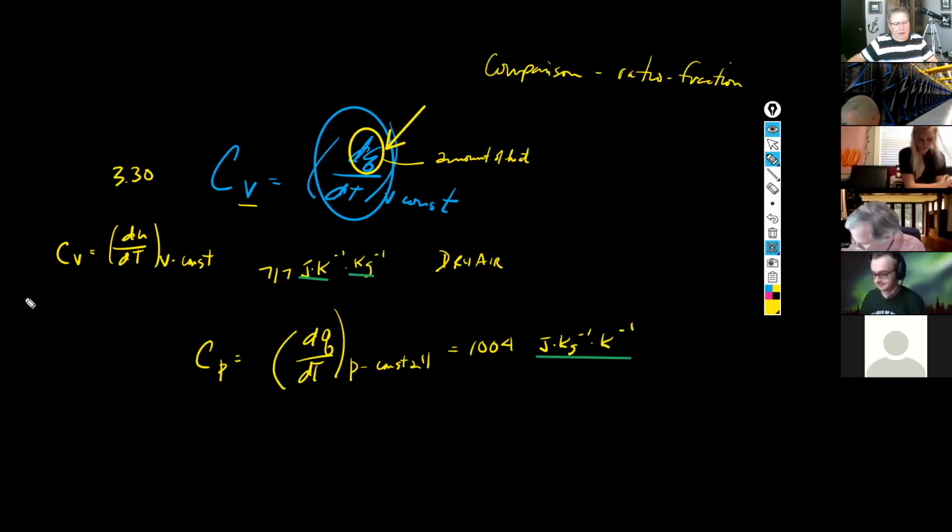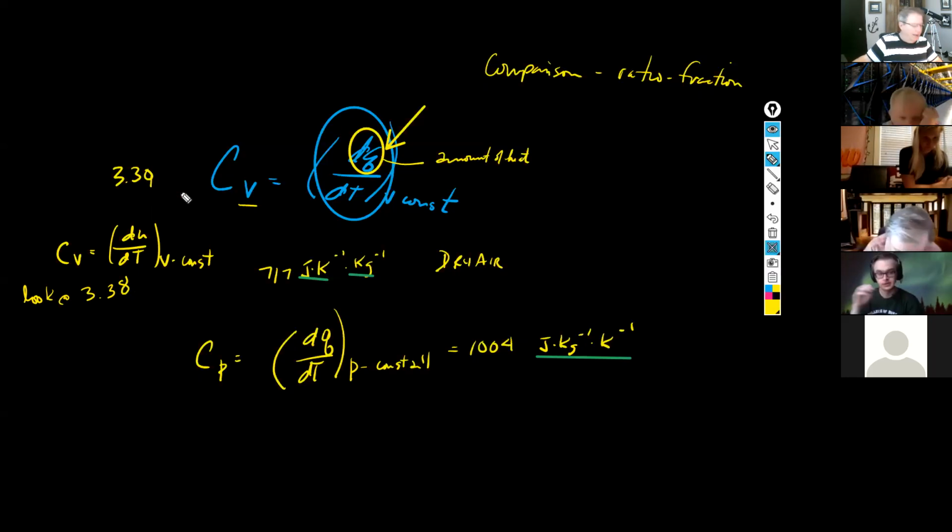If the volume of the material is constant, yeah. Oh, you know what? I'm sorry, guys. This is 3.39. I read that wrong. So look at 3.38. What is 3.38?